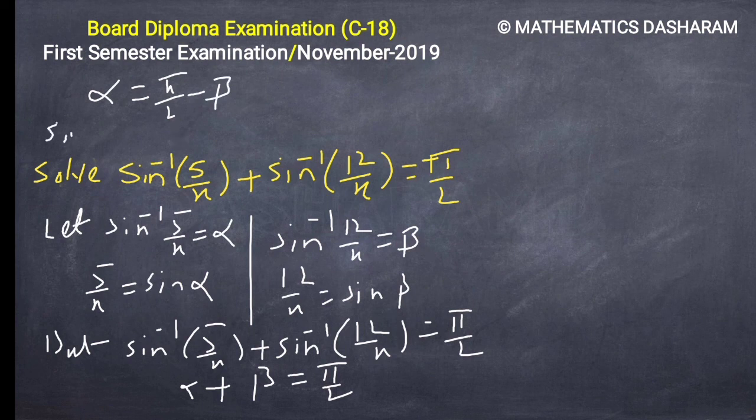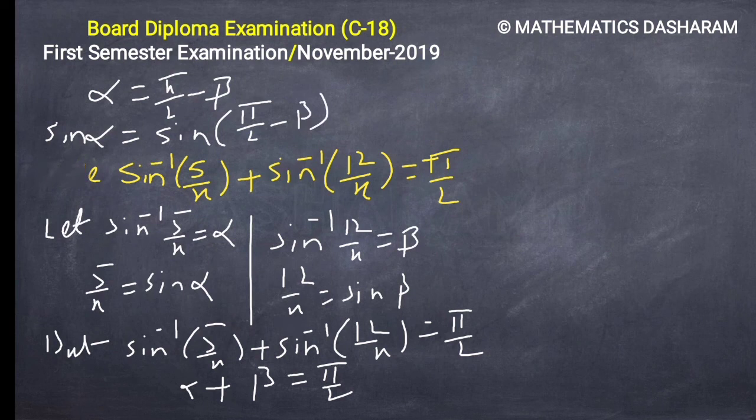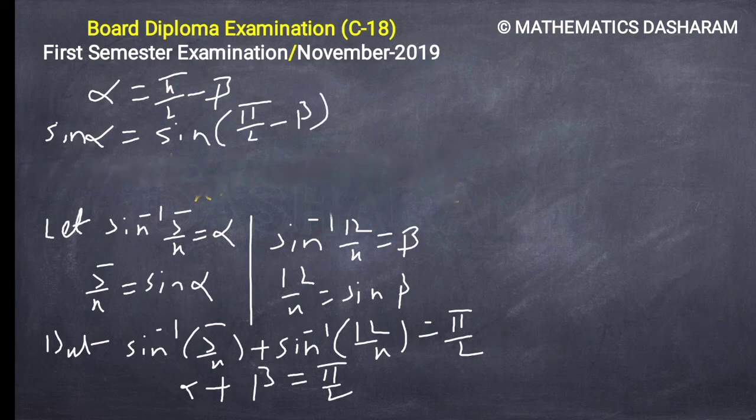Apply the sine trigonometric ratio on both sides. So sine alpha equals to sine of pi by 2 minus beta. So sine alpha equals to sine 90 minus theta, that is cos theta. So then here cos beta will come.